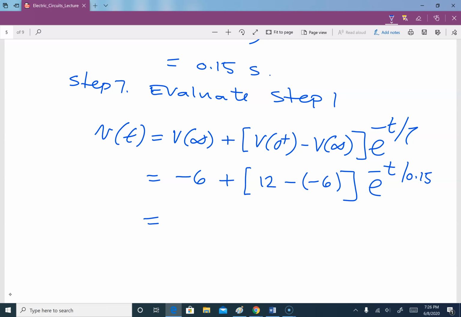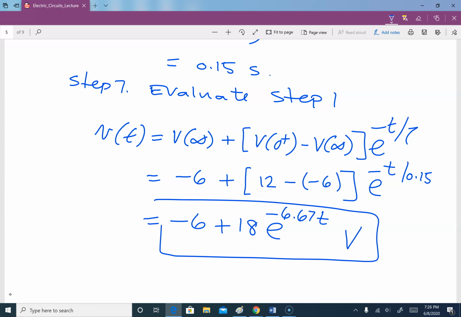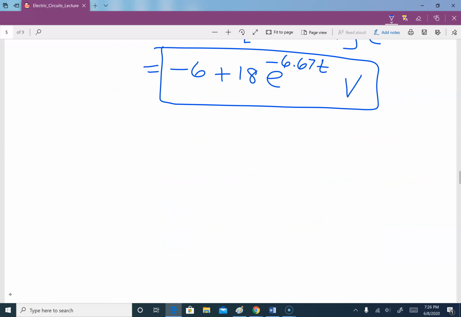And that is equal to -6 plus 18 exponential of -6.67 t. That is in volts. And this is our answer.